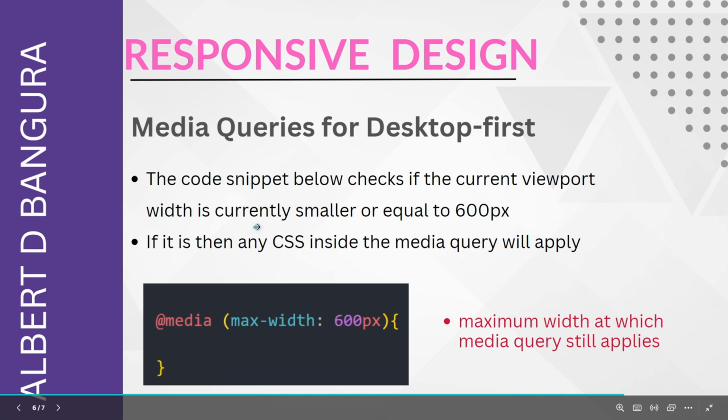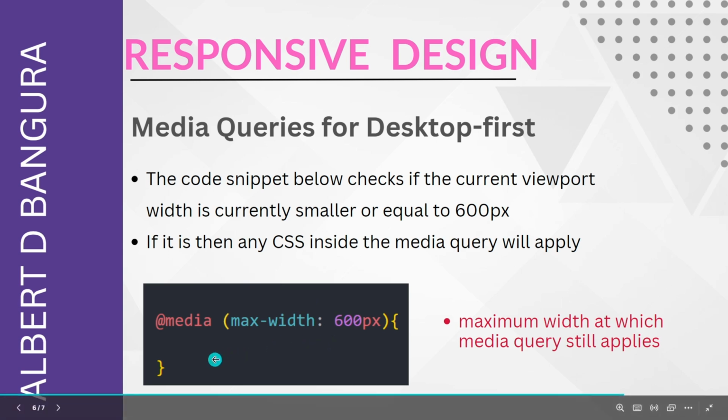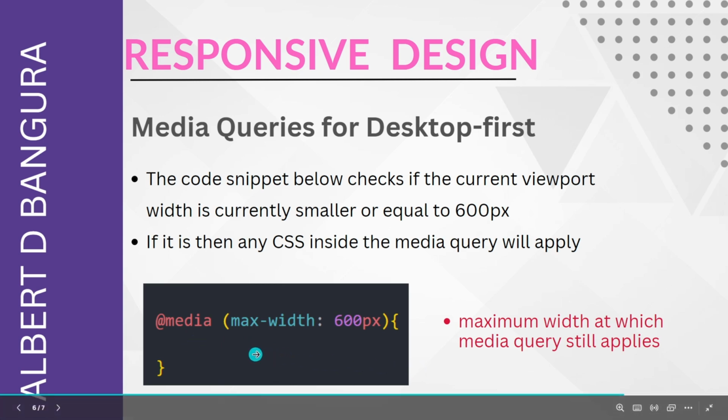The code snippet below checks if the current viewport is 600. If it is, then whatever CSS is written inside this block will be applied. So this is conditional CSS. You are applying CSS conditionally. We are using max width because that is the maximum width at which any CSS inside the media query still applies.